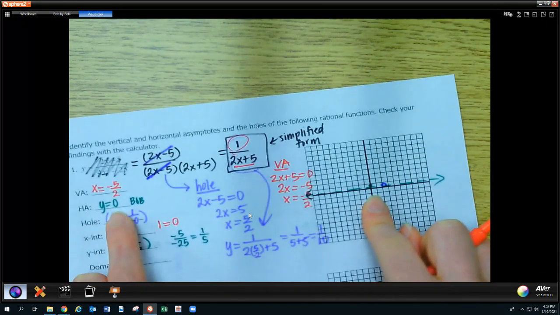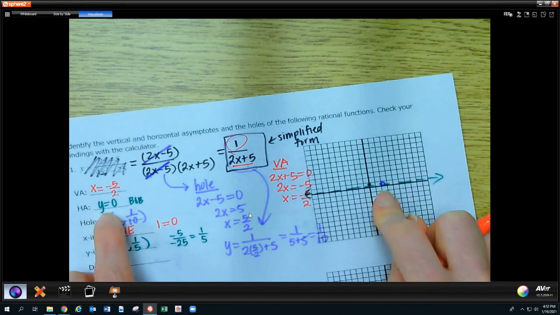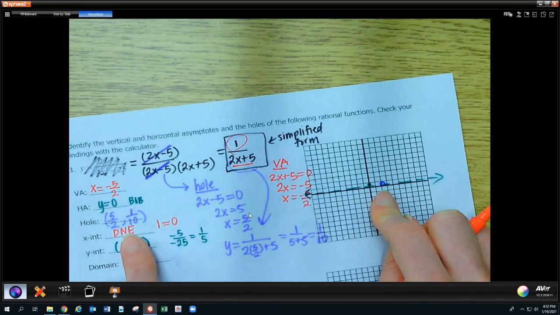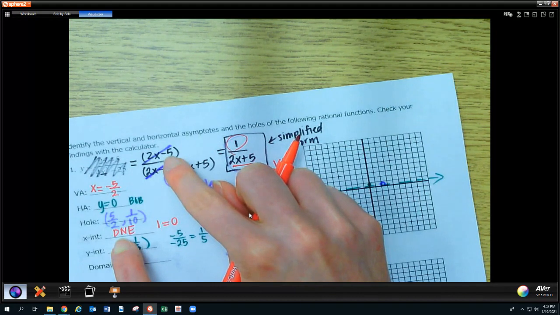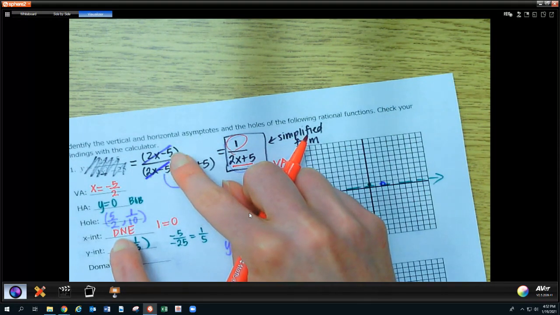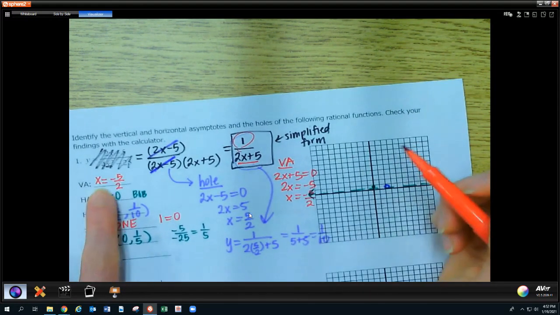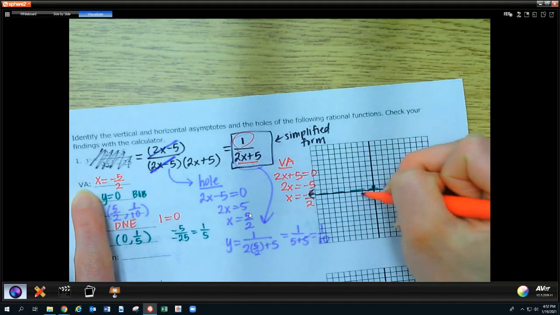Okay, so anytime you have a horizontal asymptote, sometimes you might have an x-intercept in those weird situations, but usually you won't. So it's okay to have an x-intercept not exist. What's not okay is to set this factor equal to 0. You crossed it off. Okay, so no x-intercept to graph, but we can graph our vertical asymptote at negative 2.5.